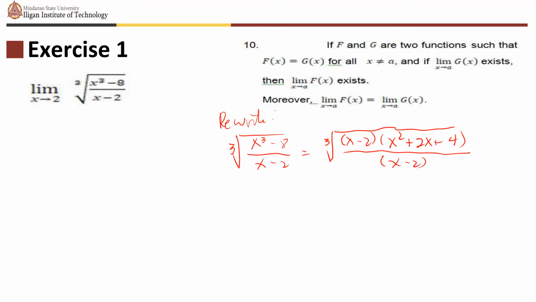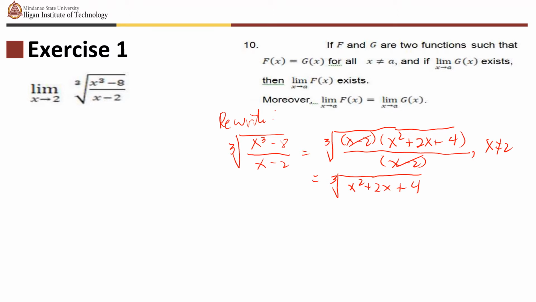Since x minus 2 and x minus 2 can be cancelled out because x is not equal to 2, it's just approaching 2, you can divide it out. That now becomes the cube root of x squared plus 2x plus 4.